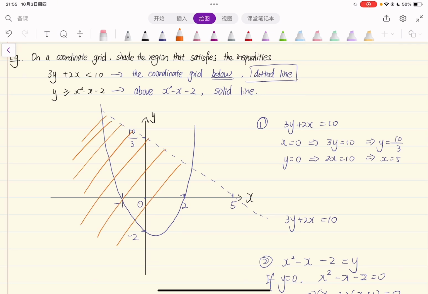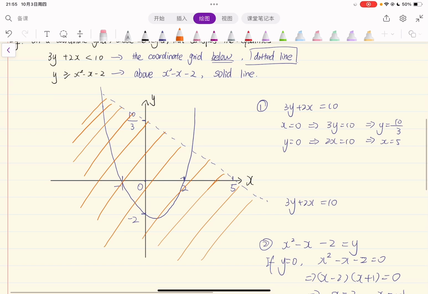So the orange part is below. For the second one, y greater than or equal to x squared minus x minus 2, so it is above the curve. I use another color.